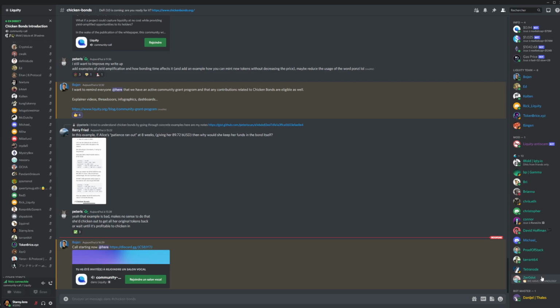And so the basis of the chicken bond is a thought process to essentially harness the existing DeFi infrastructure there is on the token, to both provide opportunities to holders that are willing to take part in this game, let's call it as such, and at the same time enable the project to capture some permanent liquidity that they can simply use to guarantee a minimal level of support on their liquidity position.